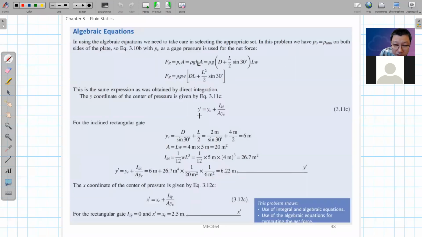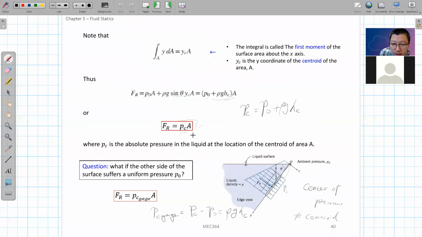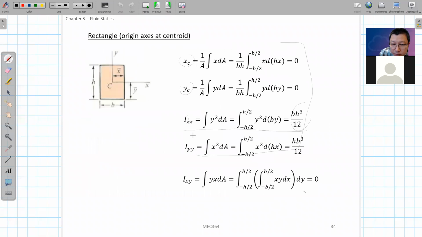Okay, so similarly, if you want to calculate y prime, you calculate I of x hat over A of yc, and this I of x hat will be equal to 1 over 12 W L cubed, because it was already given in our previous one, because it's a rectangular plate, it will give this value, because that is the one when you're at the center, right?